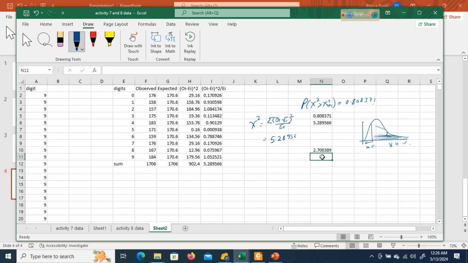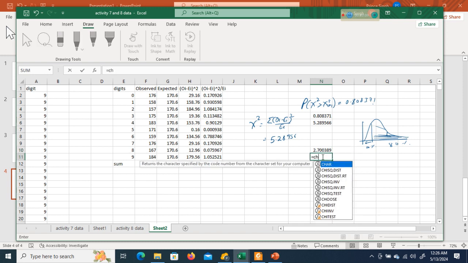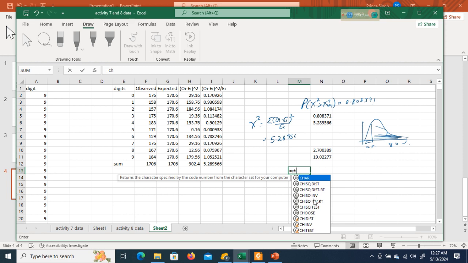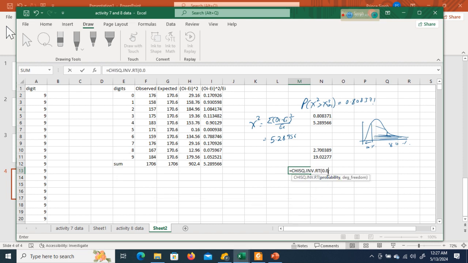To calculate the right limit, we use inverse right, but this time the probability is 0.05 and 9 degrees of freedom, so it will give us the 0.025. So for two tail it will give us this limit, and if I need the value for a right tail only, then chi-square inverse right tail, where we are considering 5% on the right-hand side.